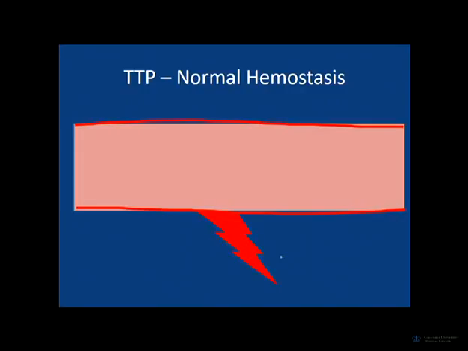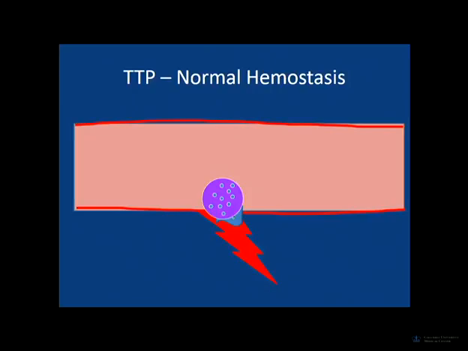The first thing that happens when you have this vascular injury is, here you have subendothelial collagen, and von Willebrand factor, which we'll talk about tomorrow, which is this big procoagulant protein, comes and sticks to the subendothelial collagen, and then a platelet comes and sticks to this. And this is how you get hemostasis. This is how you stop bleeding.